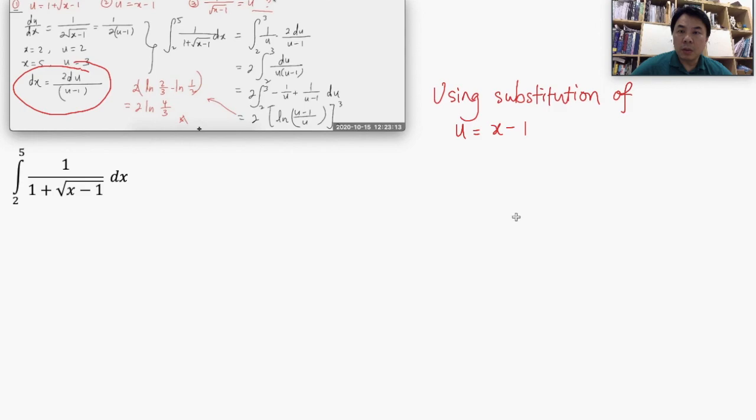I think I made a mistake here. It's supposed to be u equal to, hold on. So the substitution is u equal to 1 plus square root of x minus 1. Alright, so I'm going to use this.